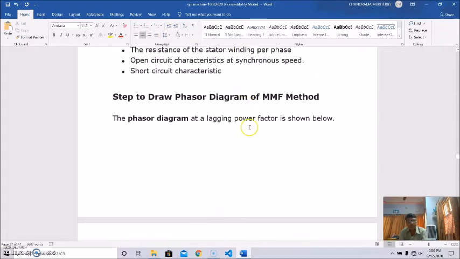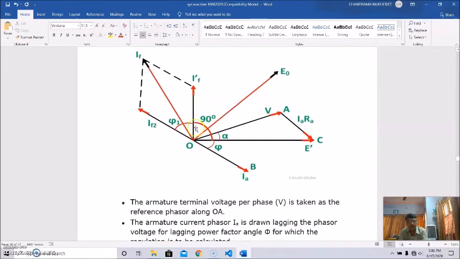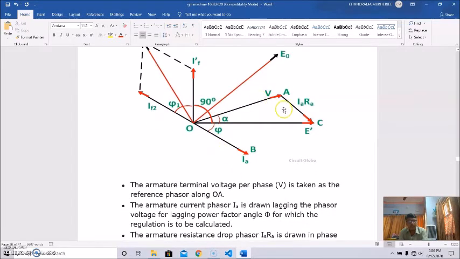From this we have drawn the phasor diagram of the voltage regulation, with the rated voltage V as the reference phasor. The armature current is lagging behind the rated voltage by the angle phi, and the IARA drop is in phase with this armature current.